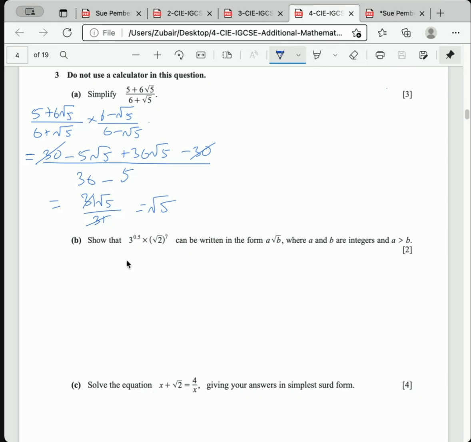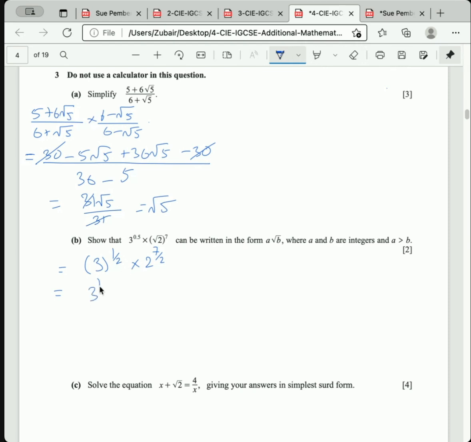B part says show that this can be written in the form this. Okay. So when I have 1 by 2, 0.5, this could be written as 3 raised to the power 1 by 2 into 2 raised to power 7 by 2. So this 1 by 2 could be taken out as common.